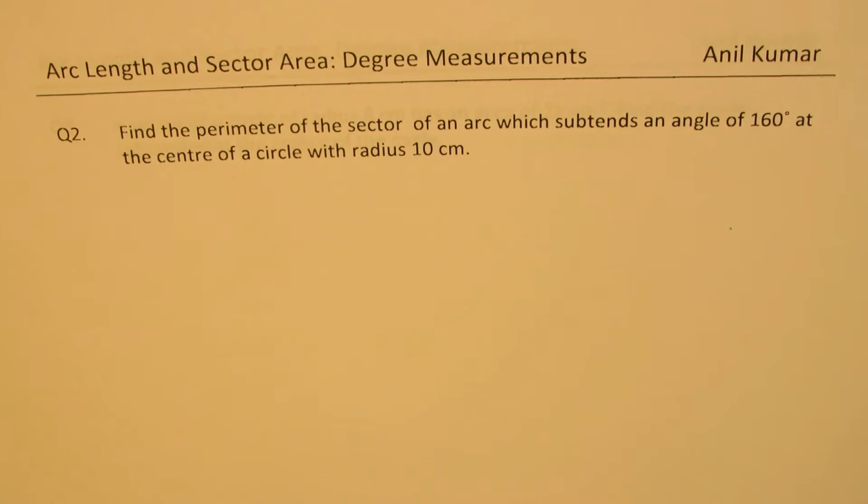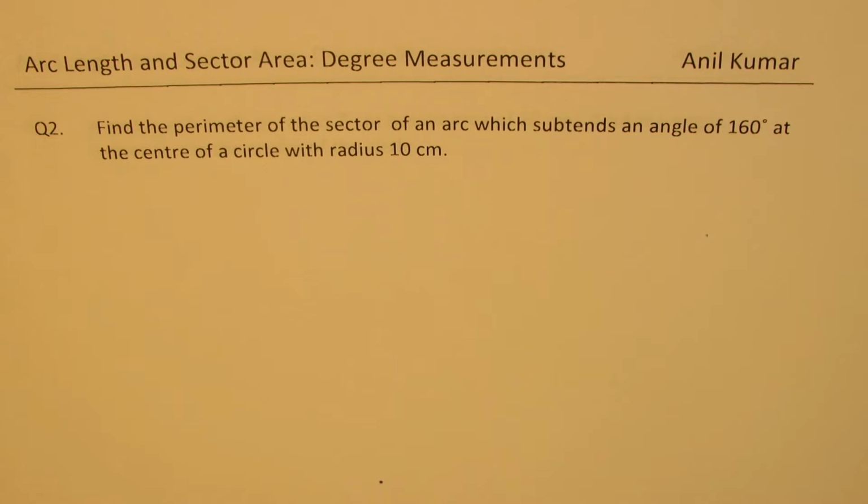Here is the second question. You can pause the video, answer this question, and then look into my suggestions. Question number 2. Find the perimeter of the sector of an arc which subtends an angle of 160 degrees at the center of the circle with radius 10 centimeters.